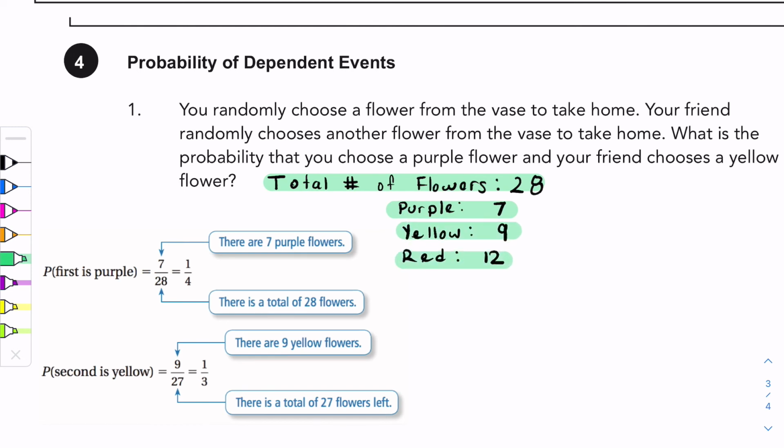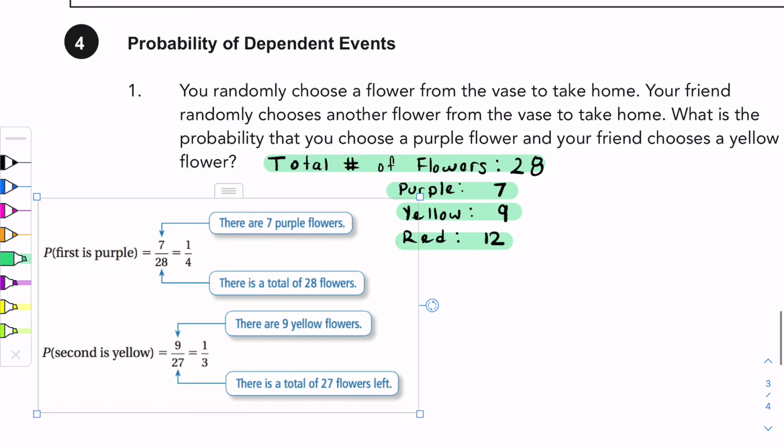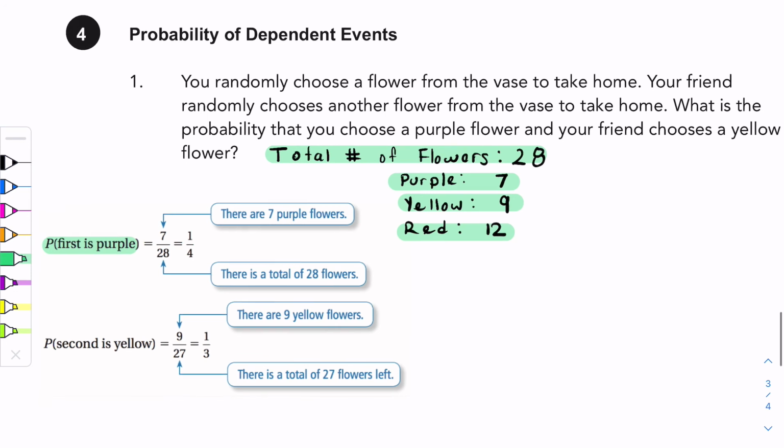And I actually typed out what I have just so I can explain instead of spending all this time writing. So the first flower that is being picked from the vase is going to be purple. It's the one that in the description it says you are choosing a flower. There are 7 out of 28 flowers that are purple. So here's my ratio of 7 over 28, which simplifies to 1/4. After we pull the first flower, regardless what color we've pulled, there are only 27 flowers left.